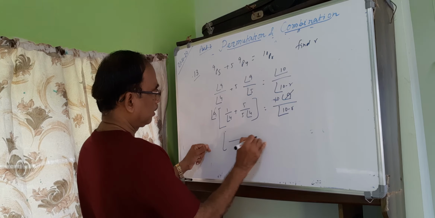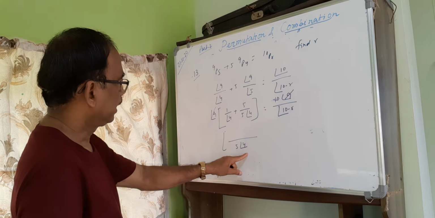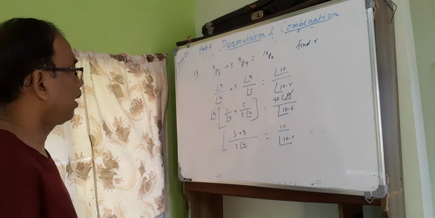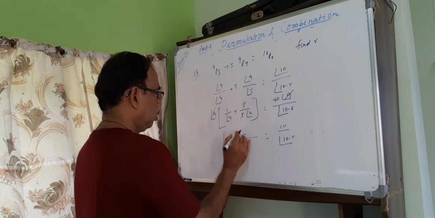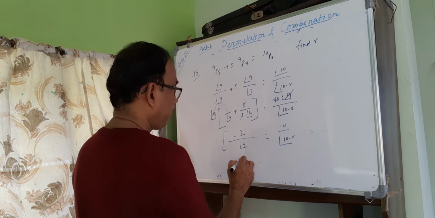Then 5 into 5 and factorial 4, the LCM is there, 5 plus 5 equals 10 by factorial 10 minus r. 5 by factorial 5 is 1 by factorial 4, 5 cancelled. So factorial 4, 1 plus 1, that is 2 by factorial 4.